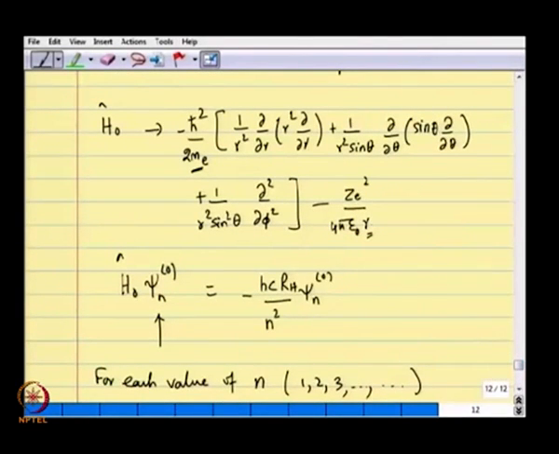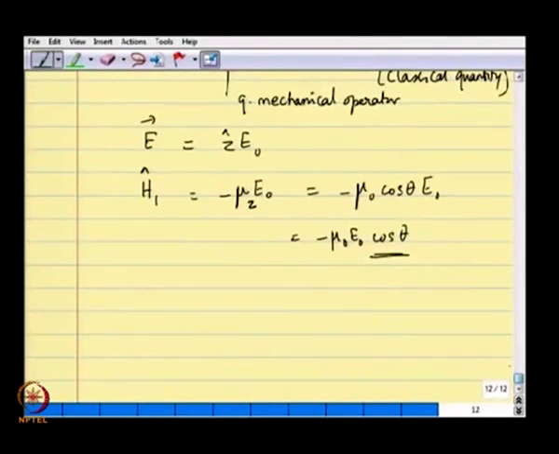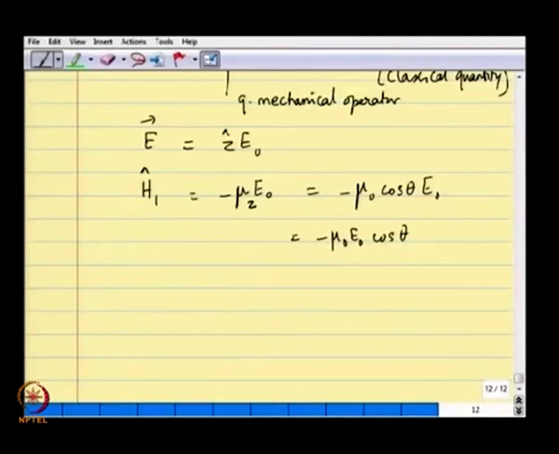Therefore, if we use the 1s wave functions and the 2s 2p wave functions in r theta phi coordinates, we have the Hamiltonian also expressed in that coordinate system. It's immediately obvious that we can calculate these integrals as simple integrals involving exponentials and polynomials. Okay. So, let us take the first order correction.